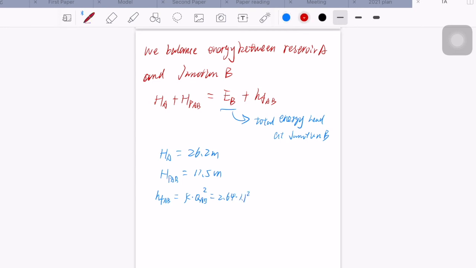So now we can determine that the EB equals 34.5 meter.